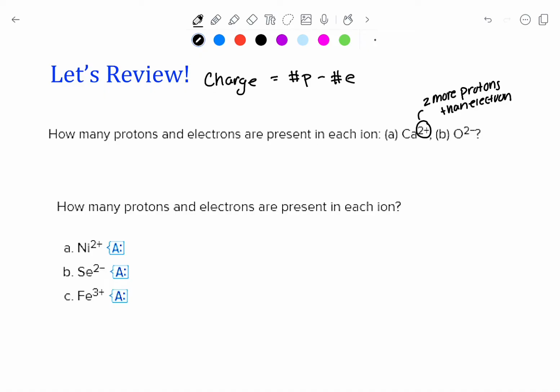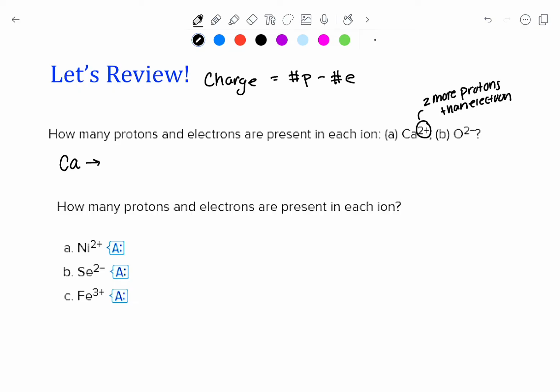Okay, now the number of protons is never going to change. When we're forming ions, we're only varying our number of electrons, because if we change our number of protons, we change our element. So in order to find how many protons calcium has, we just have to look at the periodic table.